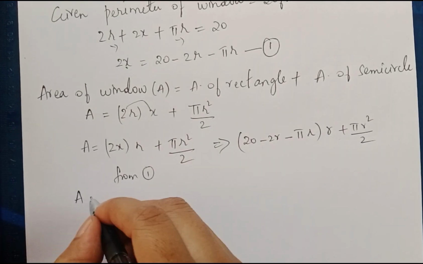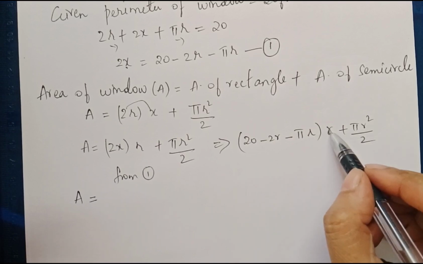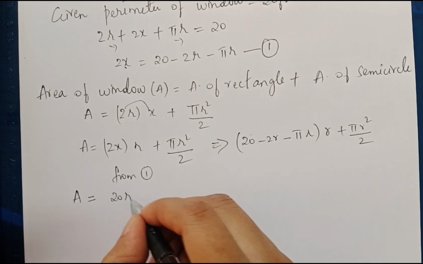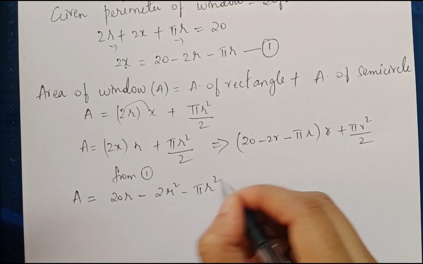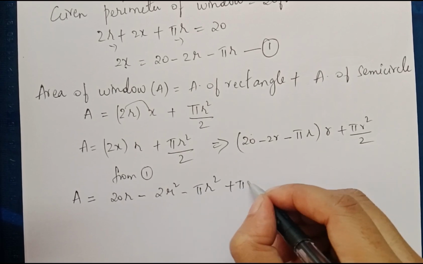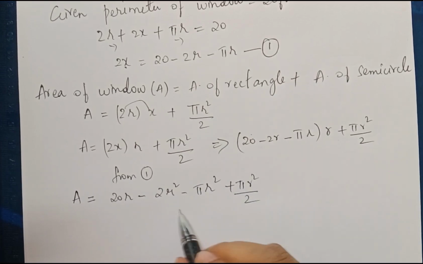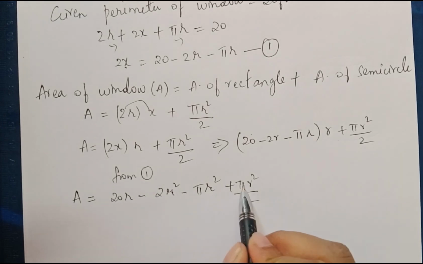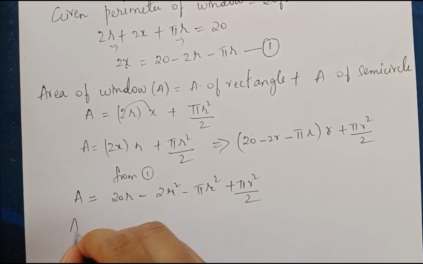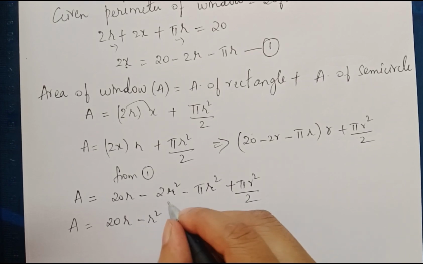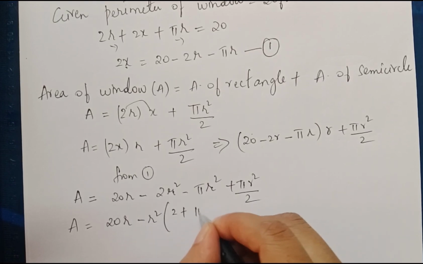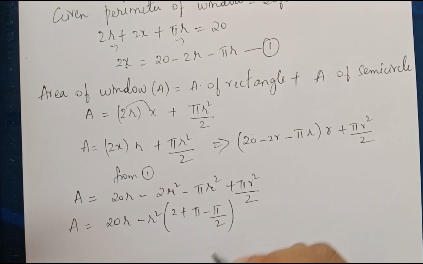So this can be written as A is equal to, multiplying r inside, 20r minus 2r square minus pi r square plus pi r square by 2. Now taking r square common in these three terms, so you'll get A is equal to 20r minus r square common, so it is 2 plus pi minus pi by 2.